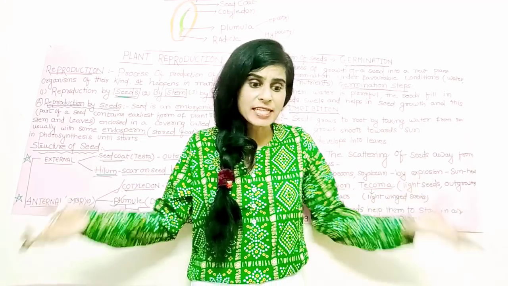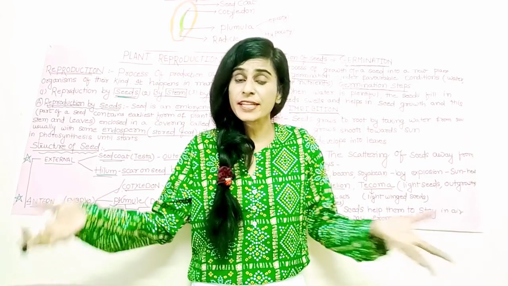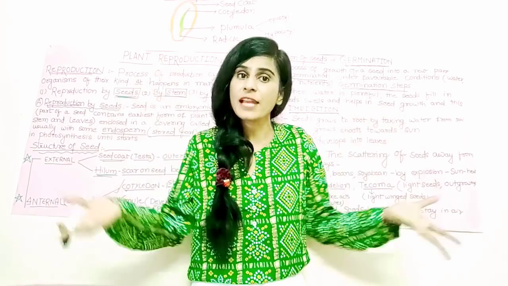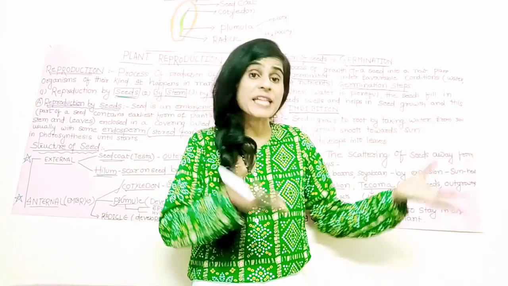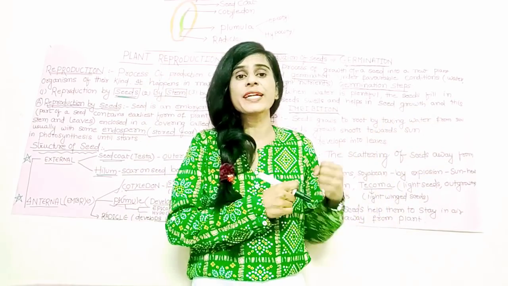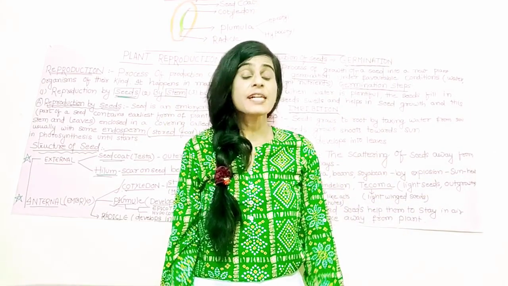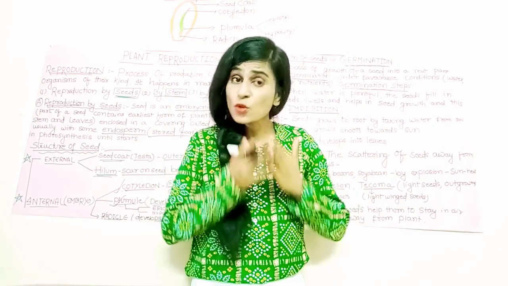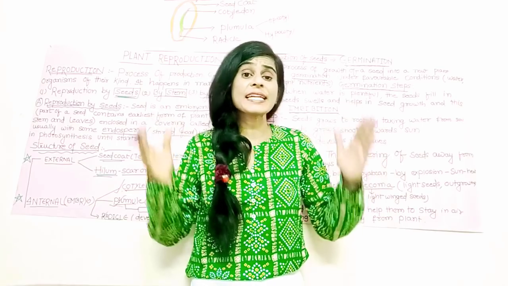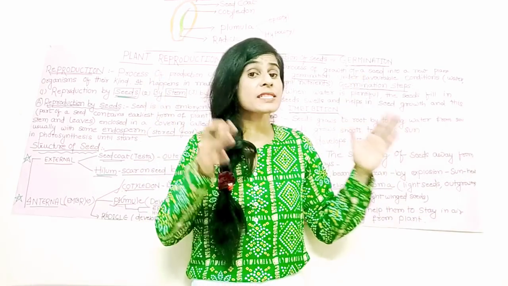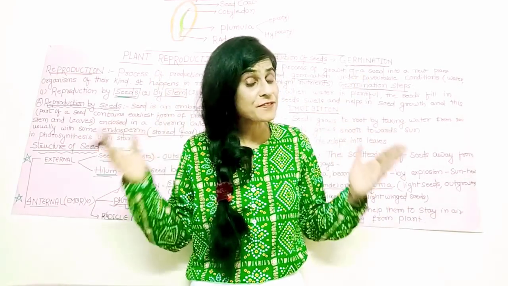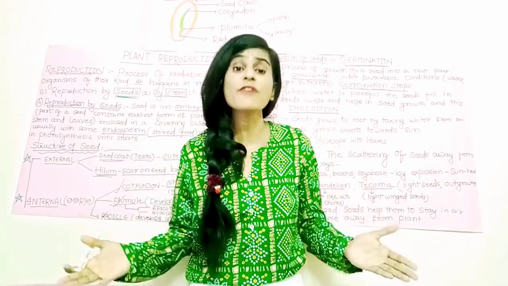Why? Because there is not enough space for the seeds to develop, so that they can utilize the nutrients. They cannot get enough water. They cannot get enough sunlight. So if the seeds are overcrowded, then definitely they are going to die because they are not going to get enough sunlight, enough water, enough nutrients.